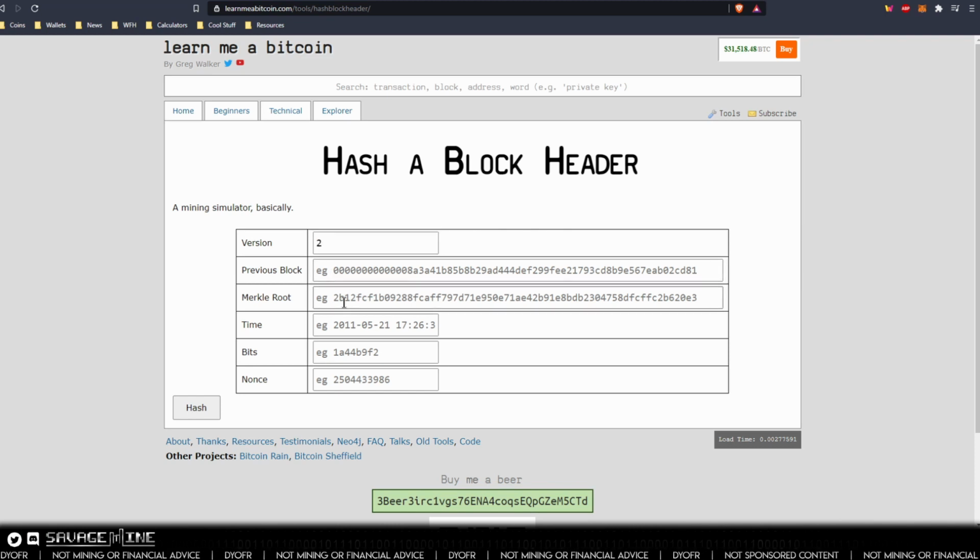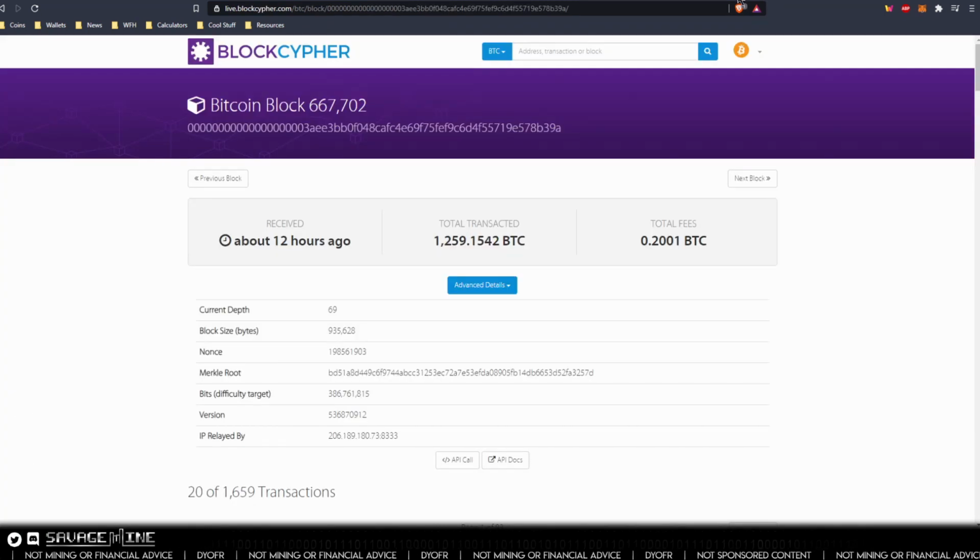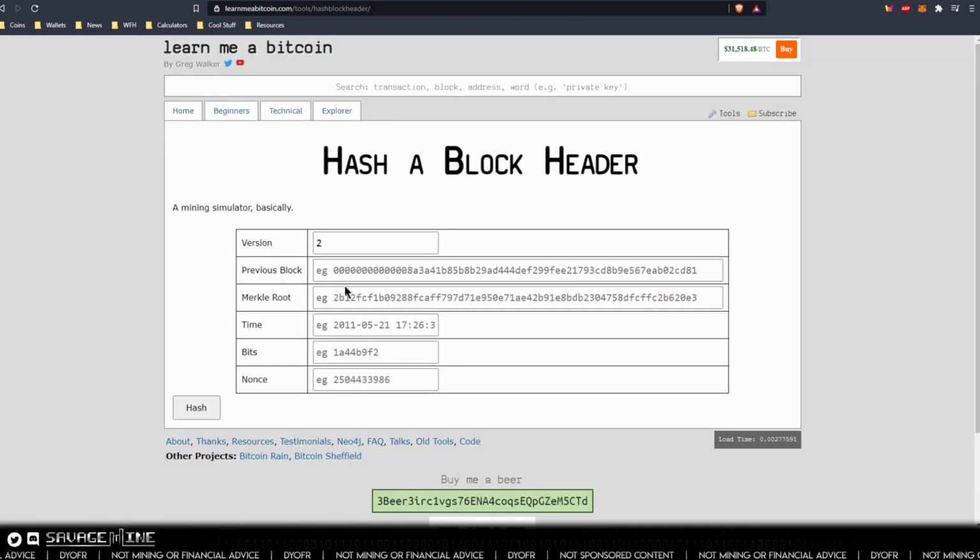So if we take the hash from the previous block, let's go over here to a block explorer. I'm going to take this hash right here and plug that in over here. The Merkle root is just a digest of all the transactions in a block. They're all hashed together.